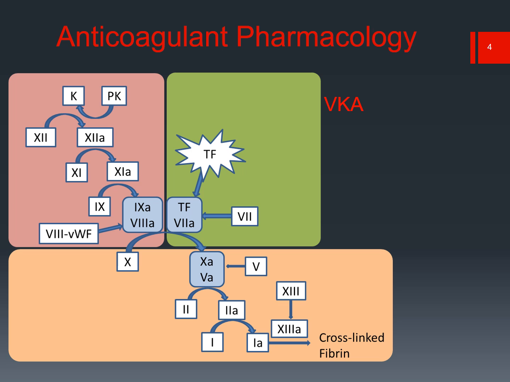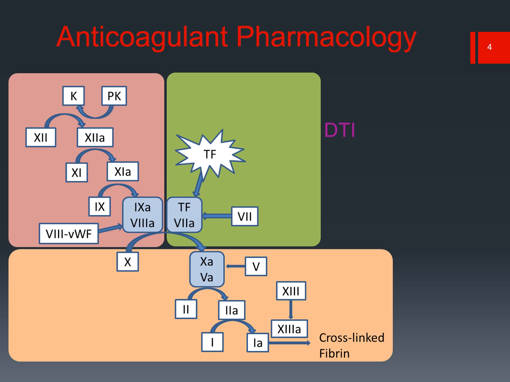That reduced vitamin K is important in the formation of factors 2, 7, 9, 10, and don't forget protein C and S. So our vitamin K antagonist is not blocking the activation of these factors, it is actually blocking the formation of these factors through vitamin K epoxide reductase inhibition. So we have factors 2, 7, 9, 10, protein C and S are all inhibited by vitamin K antagonist warfarin.